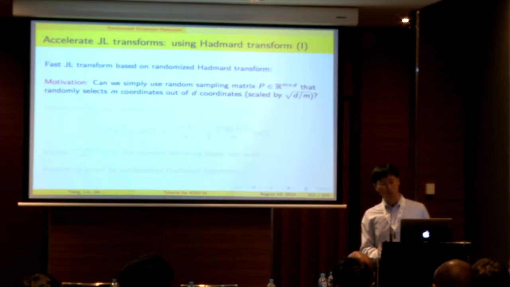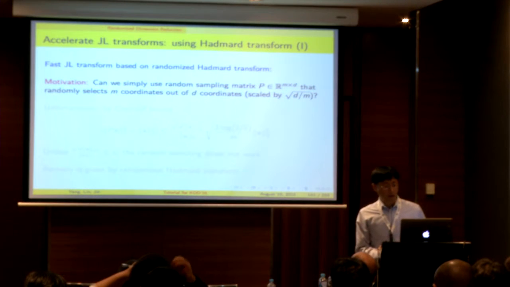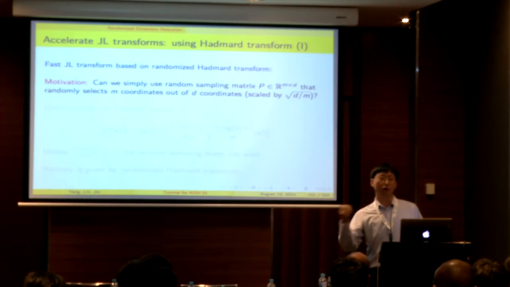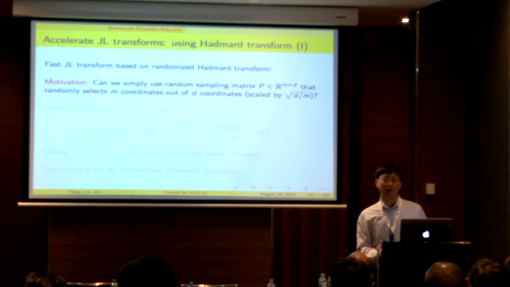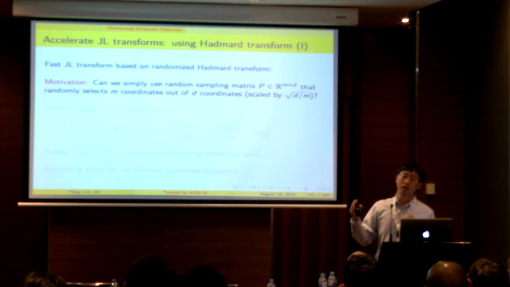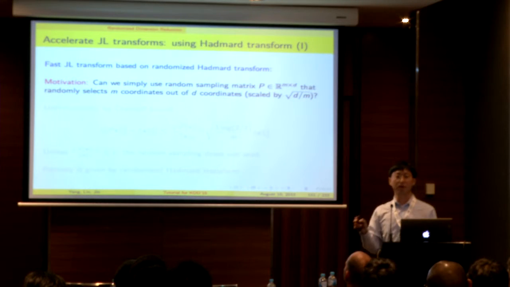It can be applied more generally, and it is based on the idea of the Harmonic transform. The motivation here is: can we simply randomly sample m coordinates out of the original d coordinates? Let's say we have an original high dimensional d vector and we want to reduce to an m dimension vector.